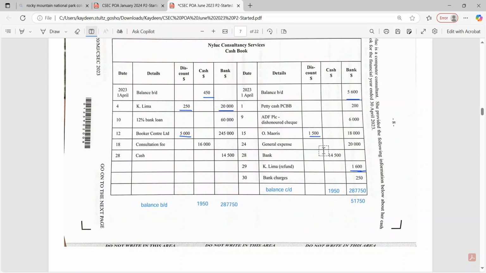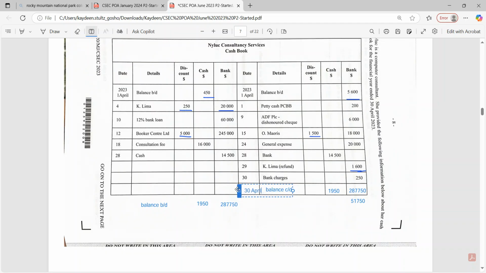Under our credit side, we would have 14,500. When we minus 14,500 from 16,450, we'll get 1,950. And we put our balance CD on our credit side because it is the side with the smaller total. Correct.